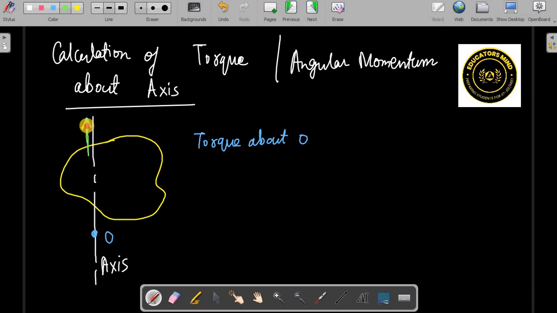There is a unit vector. First of all, we will define r cap, let us say r cap is a unit vector, or axis cap I will write. So here I am defining axis cap as a unit vector along the axis.